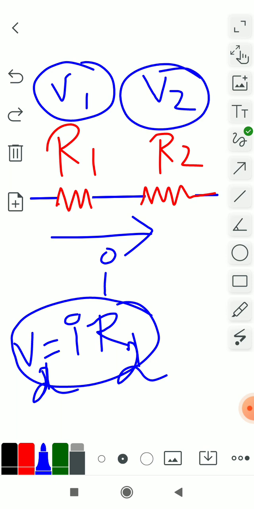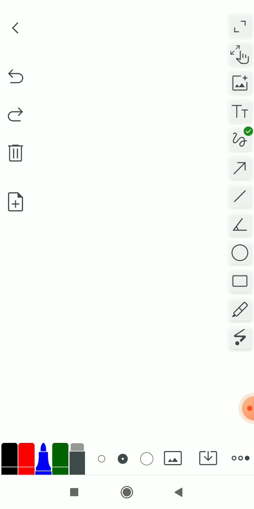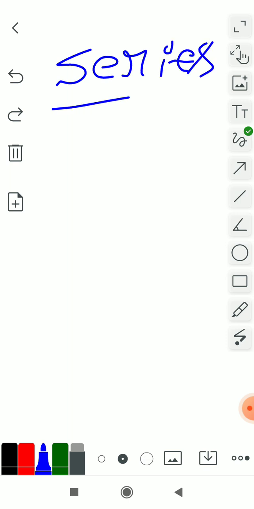So the summary is that in series connection, the thing that remains the same is current.